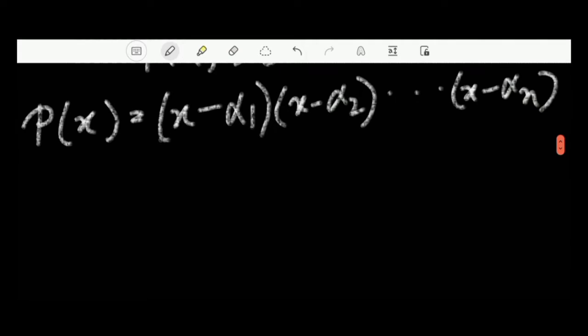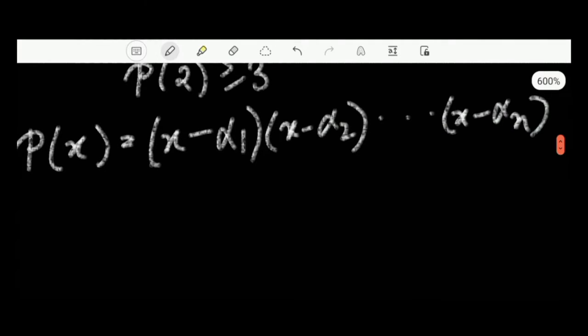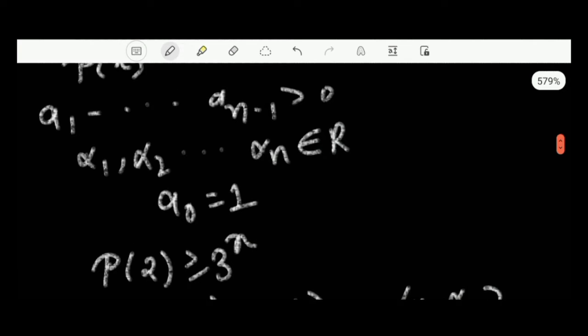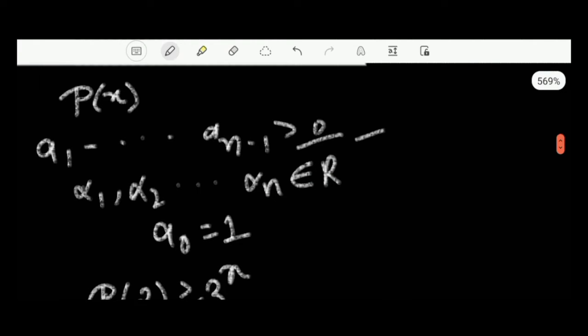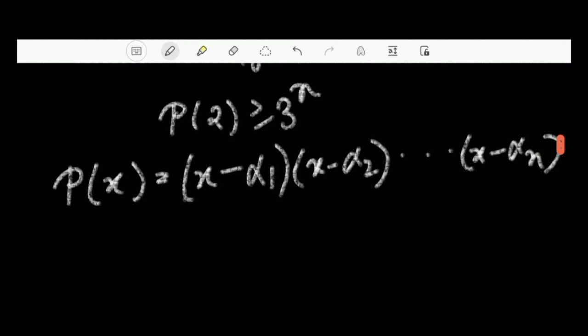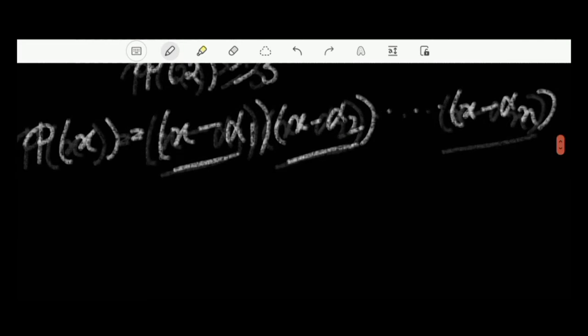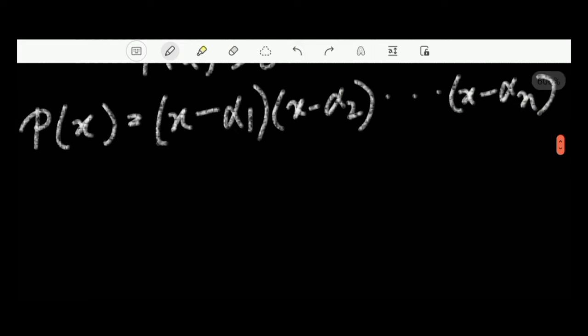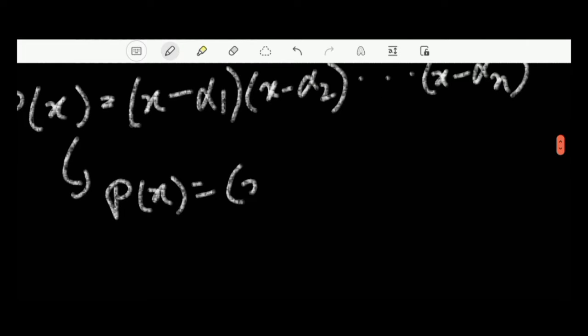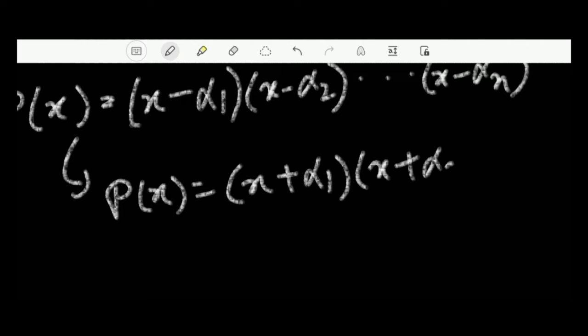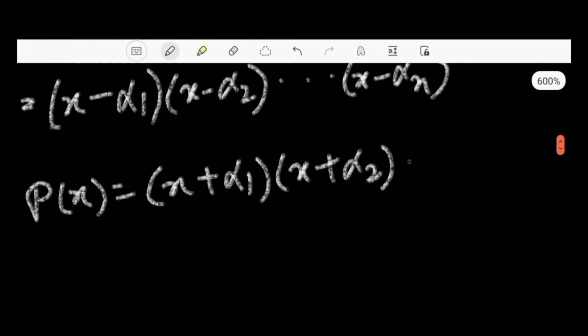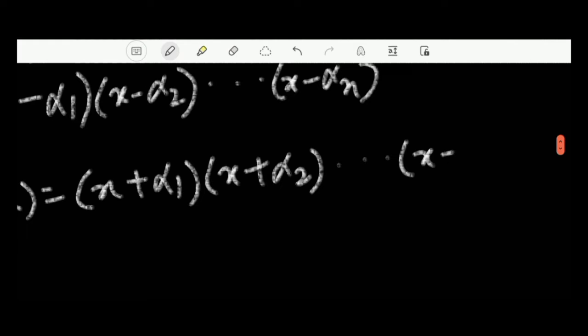So we know that all coefficients are non-negative, so we can simply say that the roots inside this bracket must be negative. So we can rewrite our polynomial p of x is equal to x plus alpha 1 multiplied by x plus alpha 2 up to x plus alpha n.